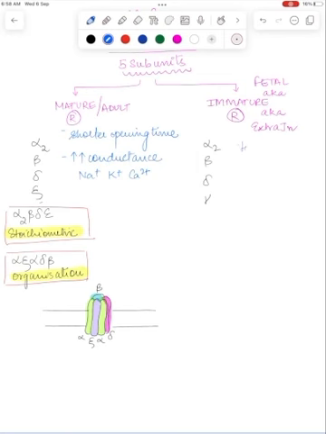Whereas the immature type is going to have longer opening times. It is going to keep the sodium channel open or ion channels open for a longer period of time, but it is going to have a lower conductance.